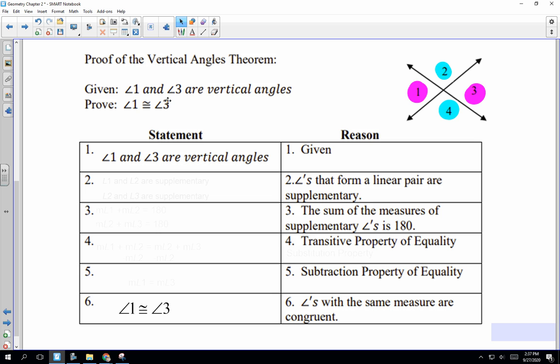So you put the given on the top line and what you're trying to prove on the bottom line. But please note, I will never put the word prove here. Even though I put given at the beginning as a reason, I will never use the word prove as a reason in a proof. I know that sounds weird, but don't use this word ever within your proof.